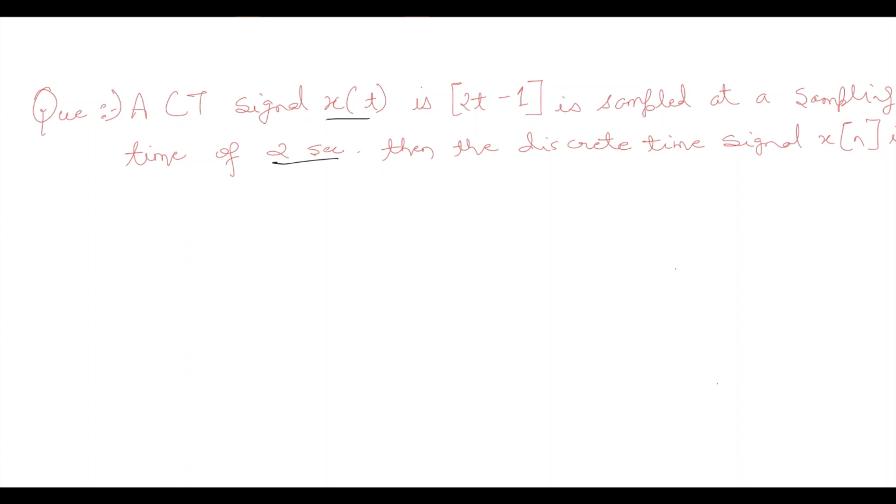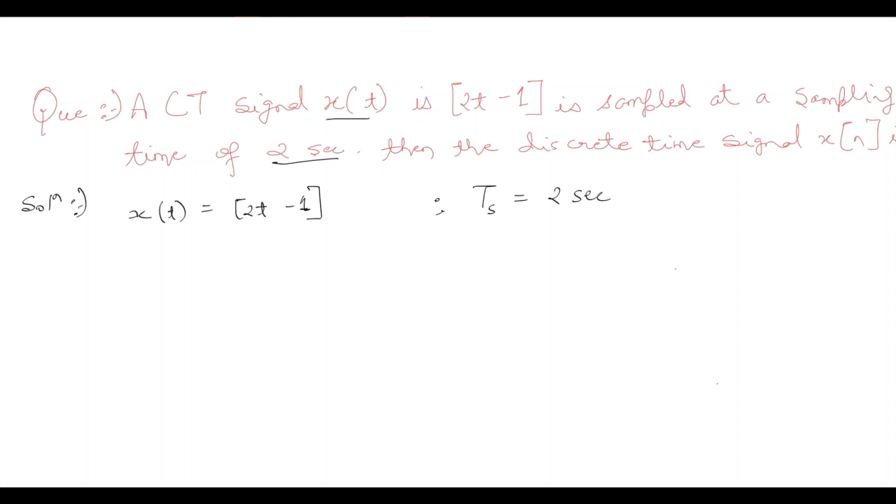Then the discrete time signal x of n is given as, so we have x of t as 2t minus 1, and the sampling time is 2 seconds.